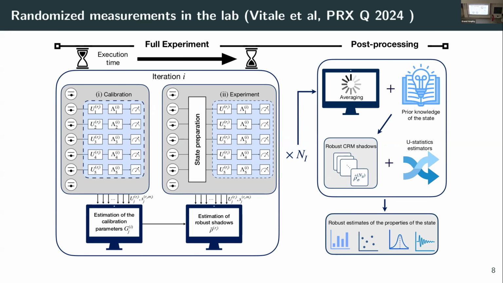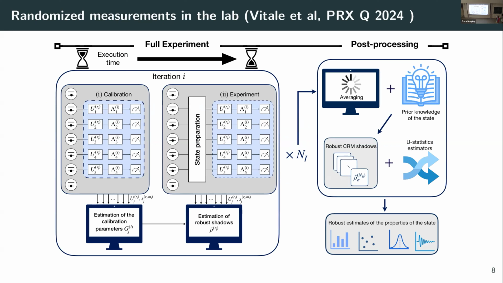So now I jump to an experimental measurement of the purity. I start by showing you the experimental recipe as it is done now on quantum computers. And then I will explain a little bit of technical details. But this is the experimental recipe. It's called randomized measurements.